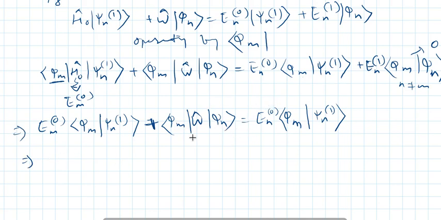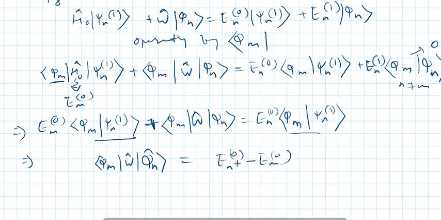It means this phi m, <W> phi n is equal to En0 minus Em0, because both are similar, so it can be taken outside. It is phi m and psi n1, and from here I can write down the value for this.